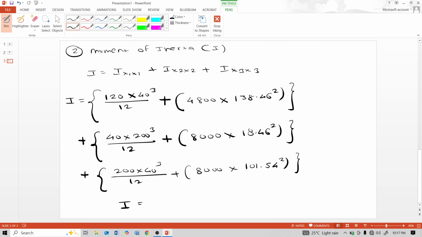Now calculate this. 4800 multiplied by 138.46 square plus 120 multiplied by 40 cube divided by 12 is 92.66 into 10 raised to 6.